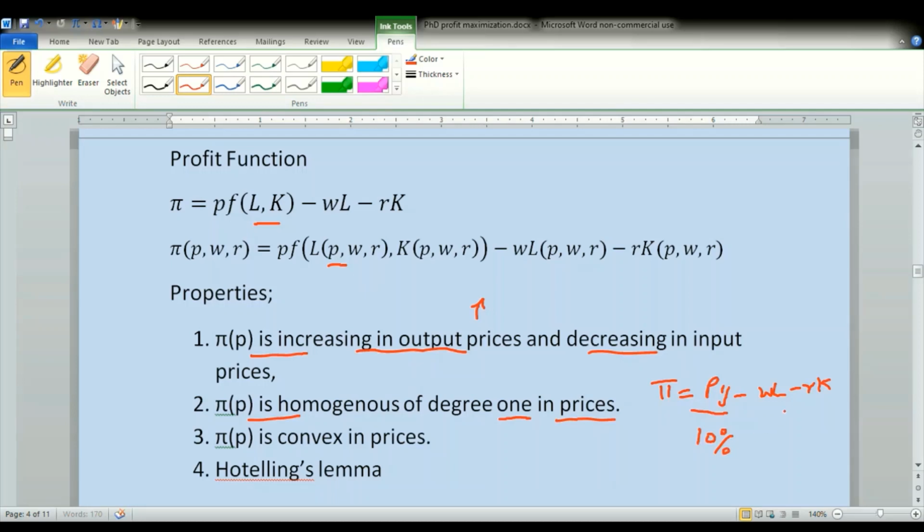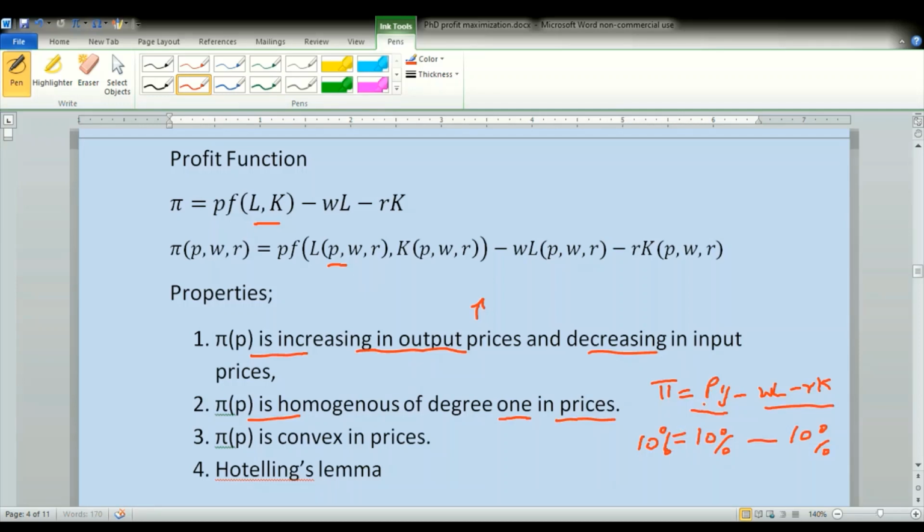Similarly, this cost will also be increasing. Labor cost will be increasing by 10%. Capital cost will also be increasing by 10%. So all costs will be increasing by 10%. This means that this difference will also be increasing by 10%. This is what we mean by this.